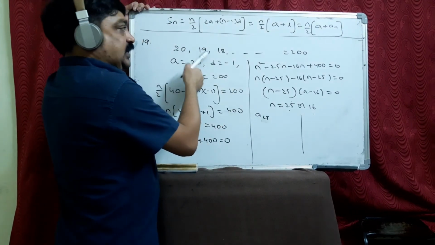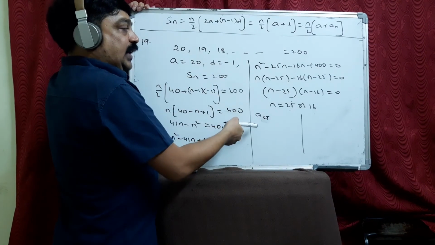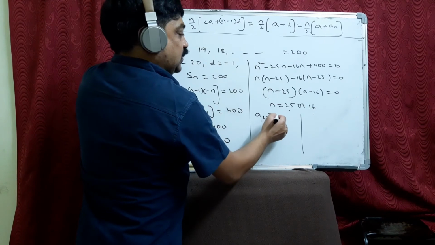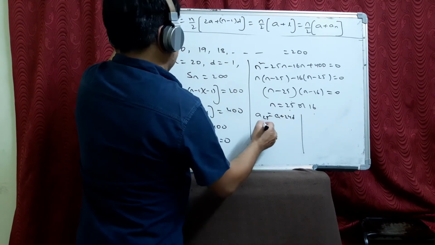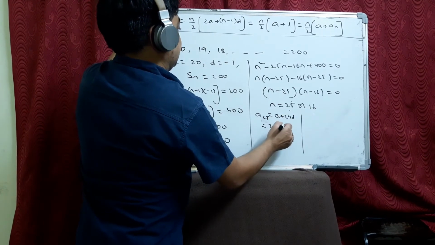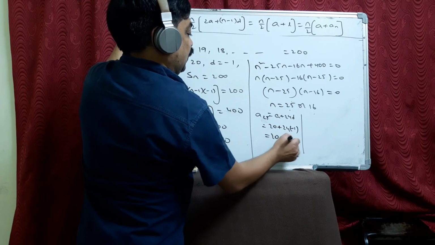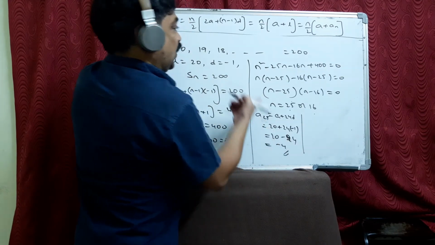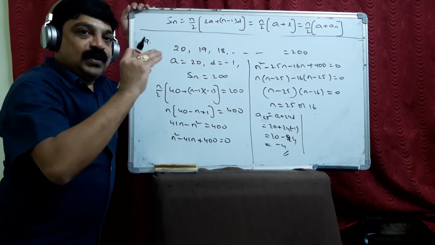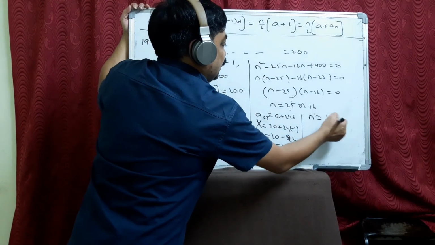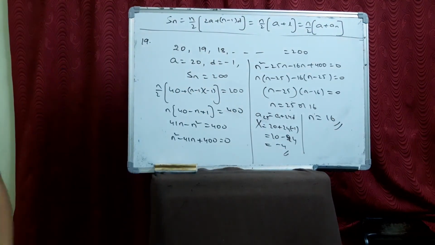This is the first row, second row, third row. So in the 25th row, how many will be there? Third row will be 18, no? So a plus 24d. a is 20 plus 24 into minus 1. 20 minus 24 is negative. It cannot be negative because it is the number of logs placed. So you can't take a25. So n equal to 16 is the right answer. Okay.